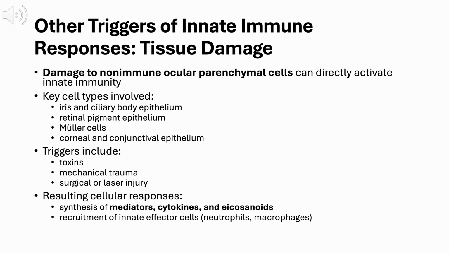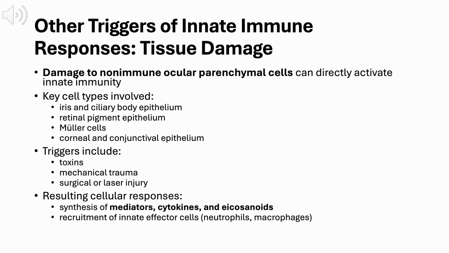Beyond microbial products, tissue damage itself can directly activate innate immunity. Non-immune ocular cells are not passive bystanders. Cells of the iris and ciliary body epithelium, retinal pigment epithelium, Mueller cells, and the corneal and conjunctival epithelium can all detect injury.